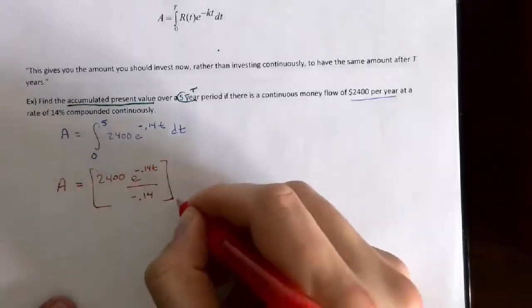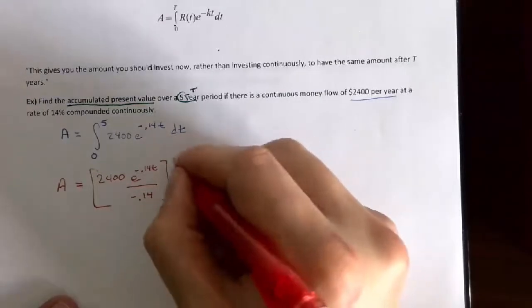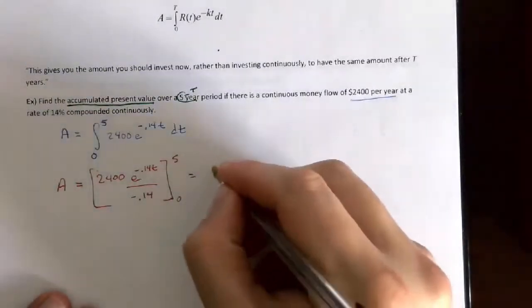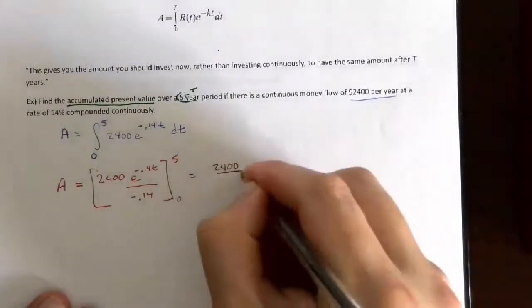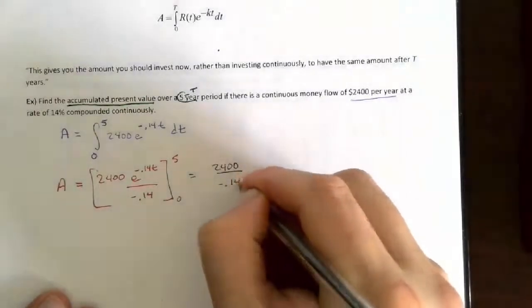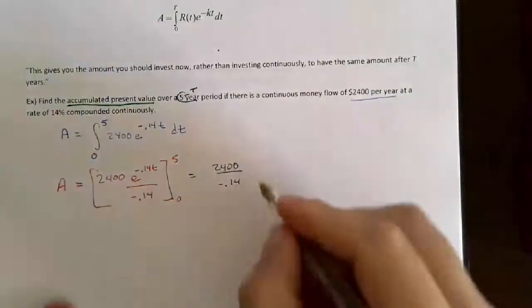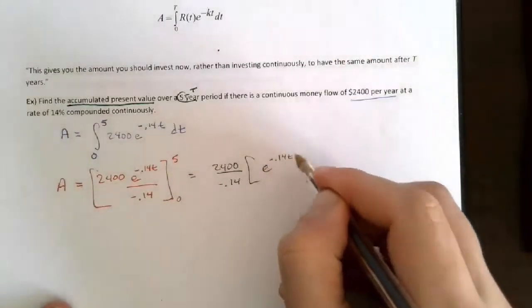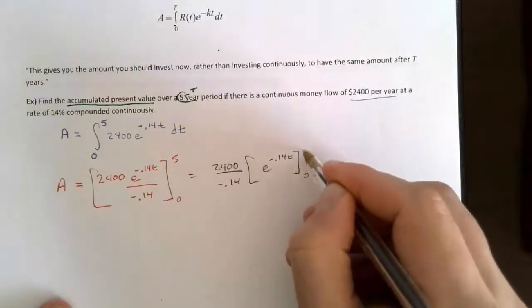This is going from 0 to 5. Then we can bring our constants to the front, so this will equal 2,400 over negative 0.14 times e to the negative 0.14t, evaluating that from 0 to 5.